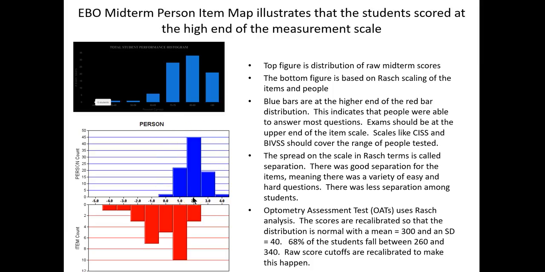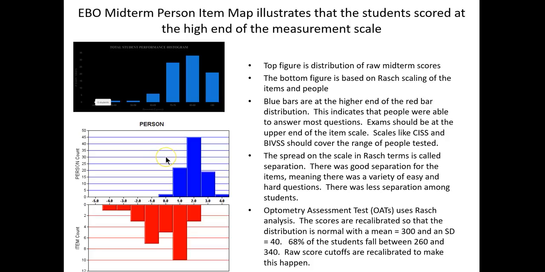Now, if we were developing a scale like the BIVs, for example, and we wanted to see the seriousness of brain injury, we would want to have people down at this end who are not too brain injured and up at this end where they are, and you'd want the people and the items to kind of match up in terms of distribution, because you want your test to be discriminating between people.